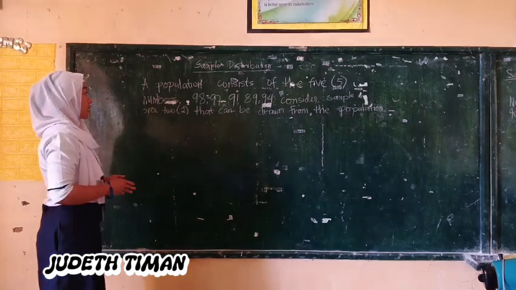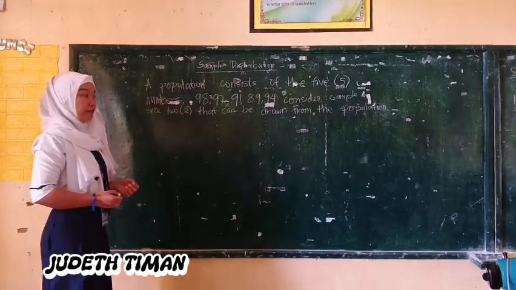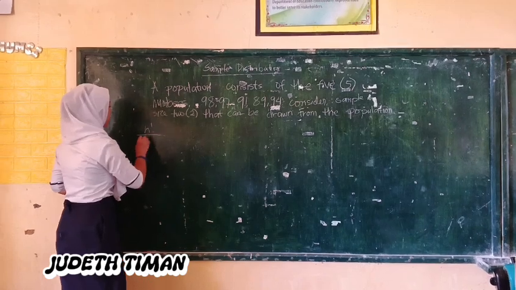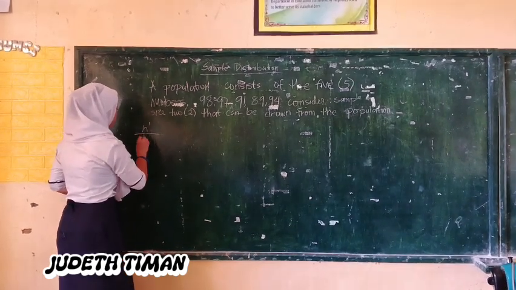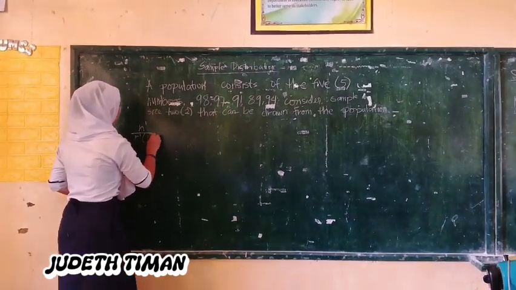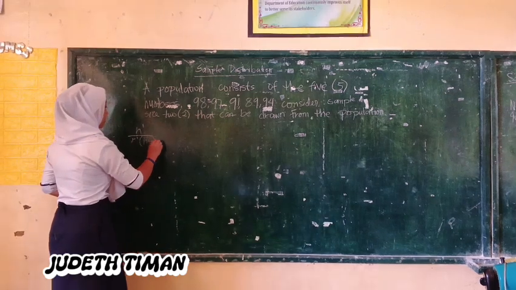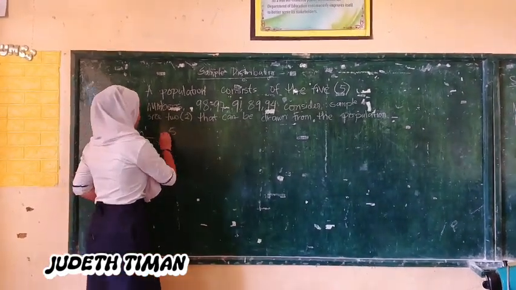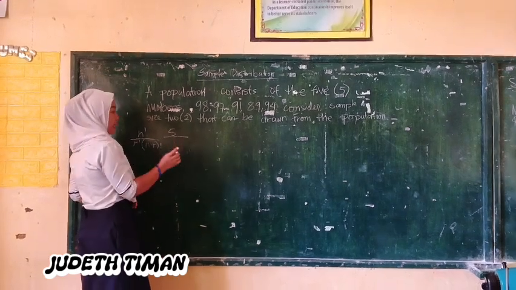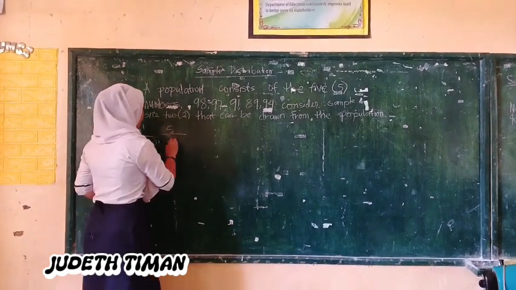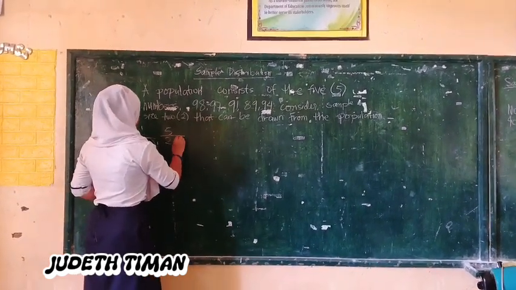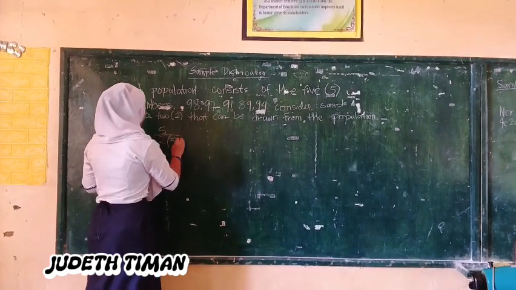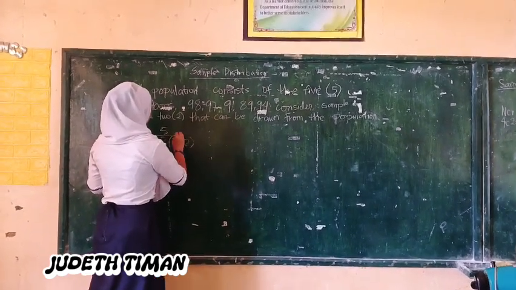So to solve this, we need our formula. Since our population is 5 and our sample size is 2, then n minus r is 5 minus 2.